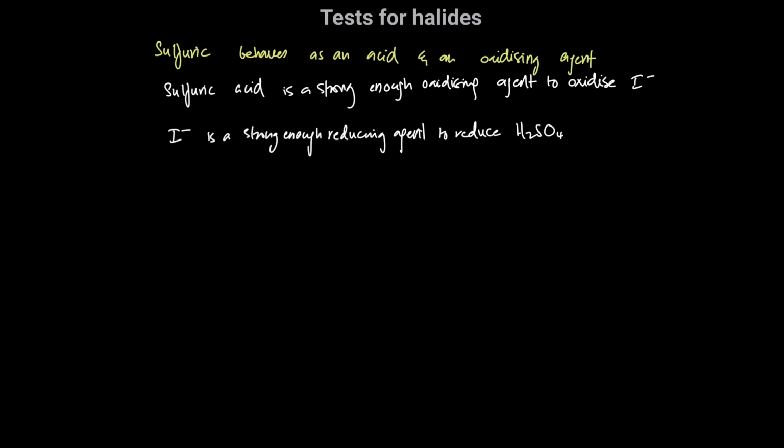Fluoride and bromide won't be able to reduce sulfuric acid. There'll only be an acid-base reaction, no redox reaction. With bromide, you will have an acid-base reaction as well as a redox reaction. So bromide is a reducing agent and sulfuric acid is the oxidizing agent. With iodide, again, you'll have an acid-base reaction as well as a redox reaction. Iodide will again be the reducing agent, but it will be a much stronger reducing agent than bromide. So you'll have a much greater extent of reduction of sulfuric acid, and sulfuric acid will be the oxidizing agent.